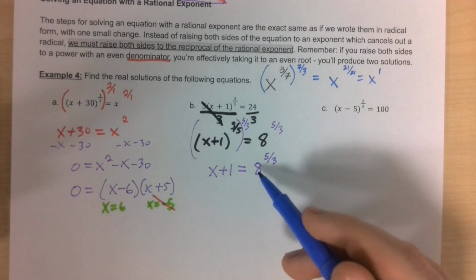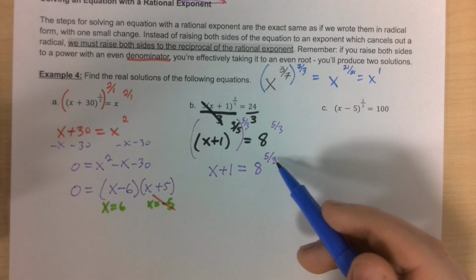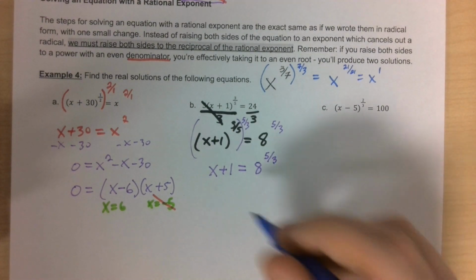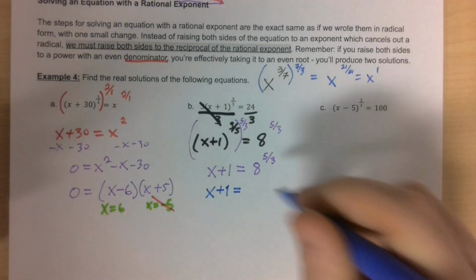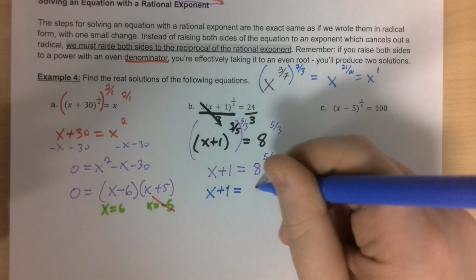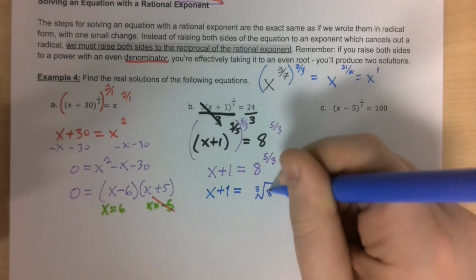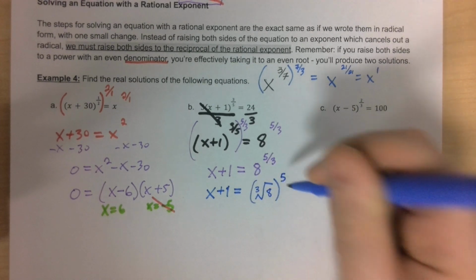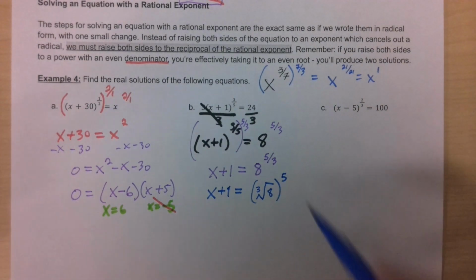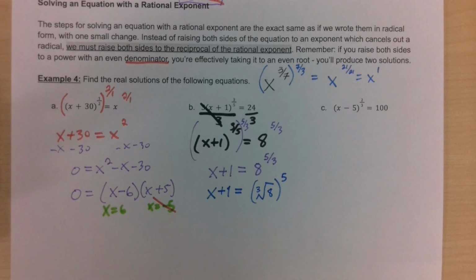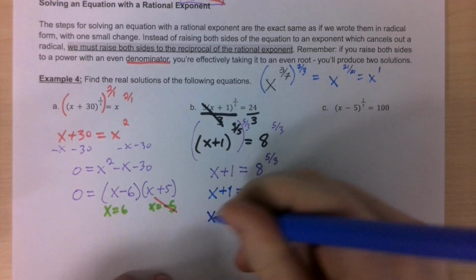Instead, remember that this is the same as the cube root of 8 to the 5th power. Again, this would be the same as if I was to write it like the cube root of 8 taken to the 5th power. And the cube root of 8 is 2. So what's 2 to the 5th power? 32.